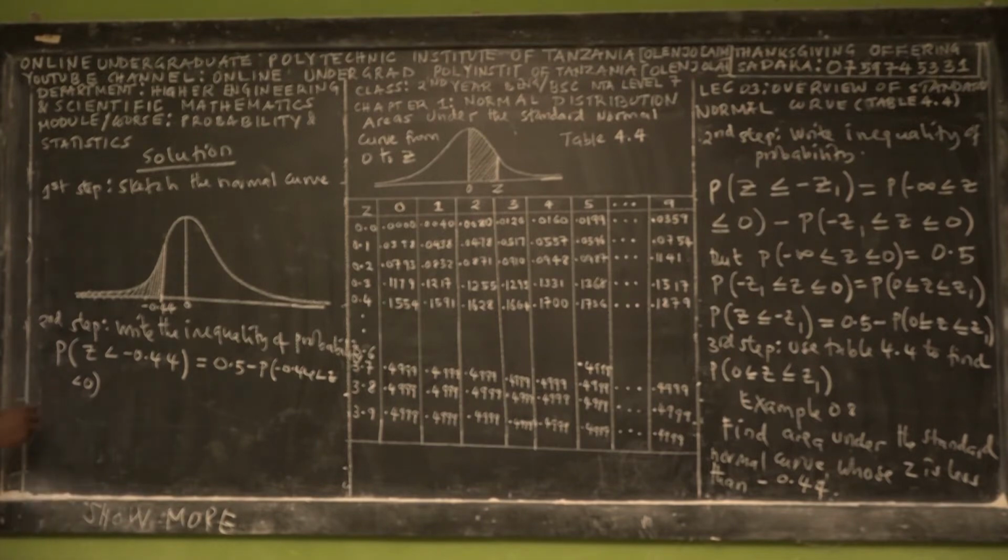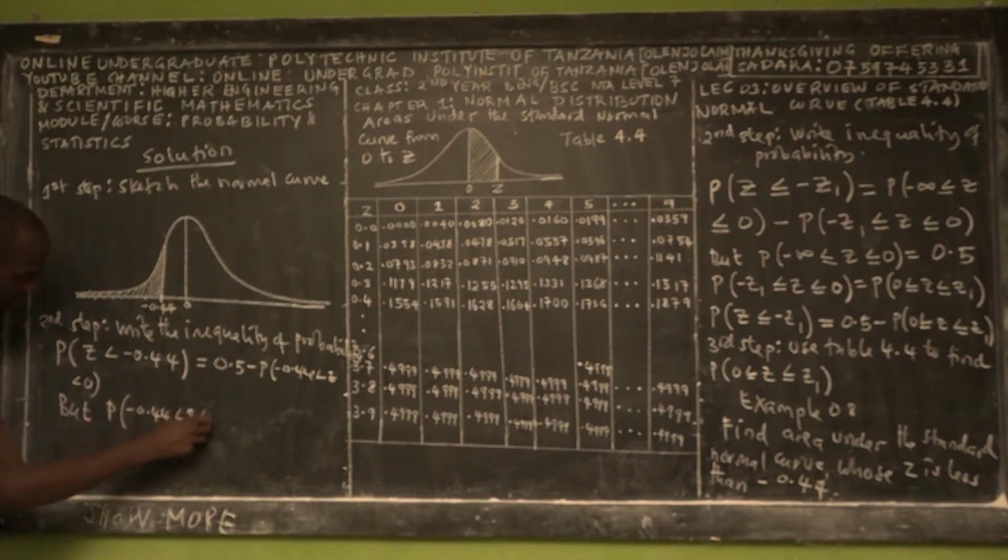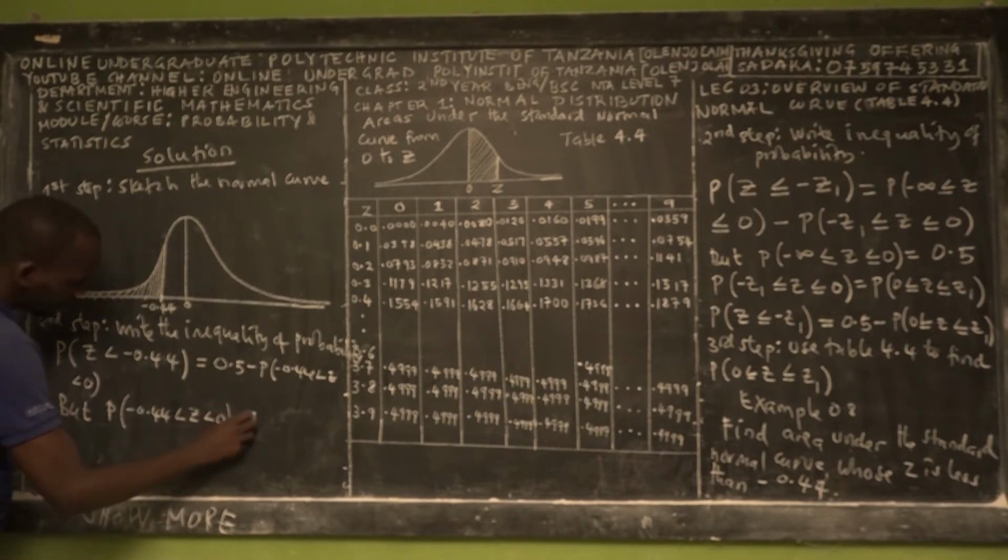Right? But remember that from the concept of symmetry, we say that the probability from negative 0.44 less than z less than 0 is equal to what?